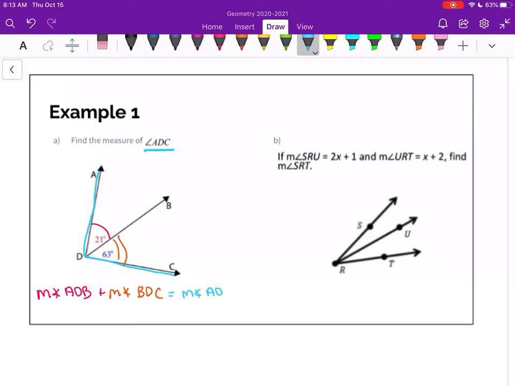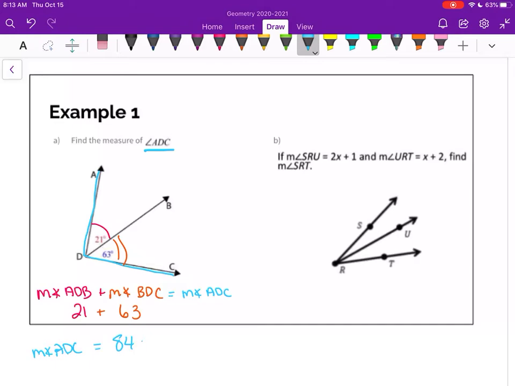That's going to equal the measure of angle ADC, and then I can go through and put the numbers they give me. So they give me that angle ADB has a measure of 21, and the measure of BDC is 63. So then I can add those together and find that the measure of angle ADC is going to equal 84.